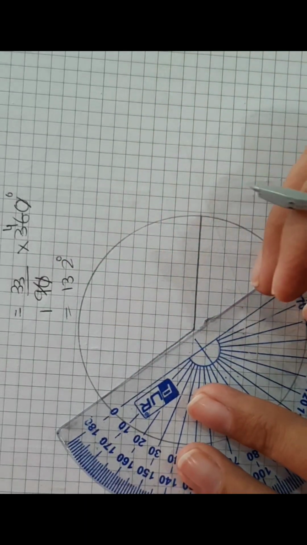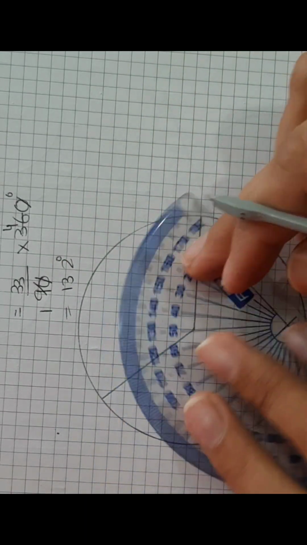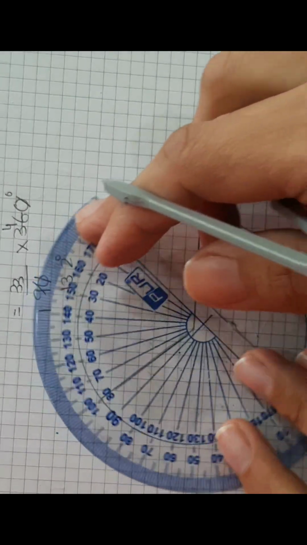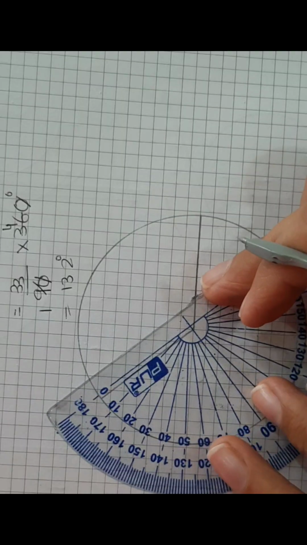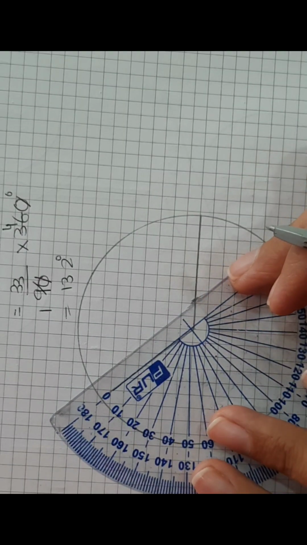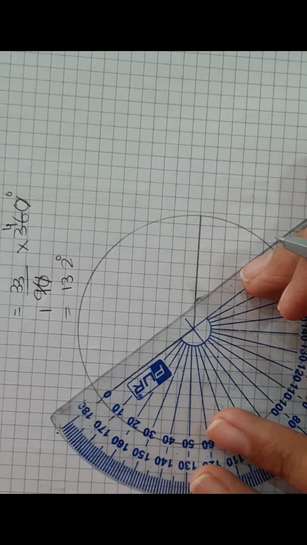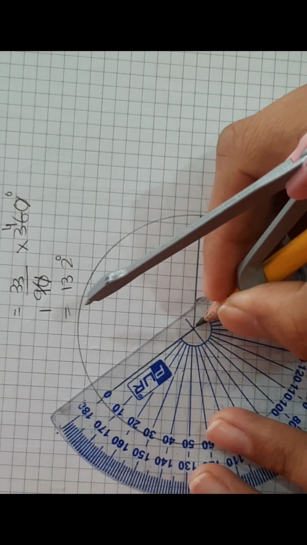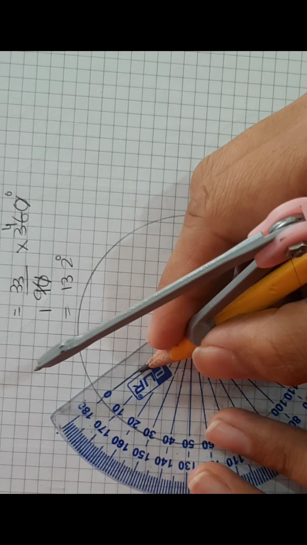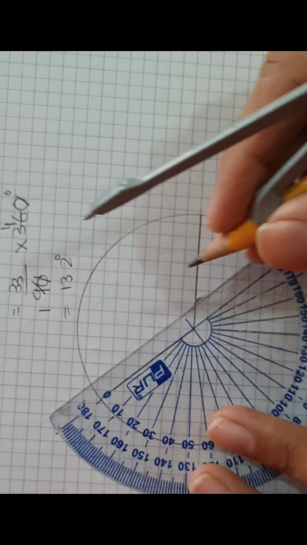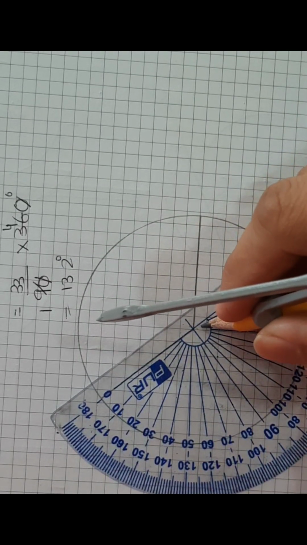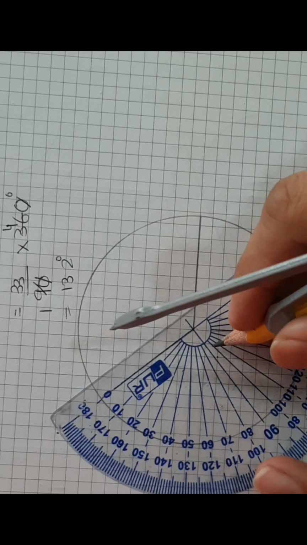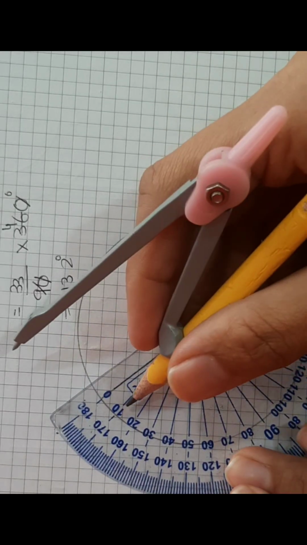Now I will rotate the protractor, and this baseline will be the one I use for the next angle. Again I keep the intersecting line on the center, with this line lying over the other line, and then I have to come up with the 144 degree angle. Again you have to look at the inner scale.